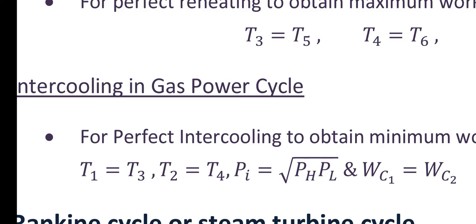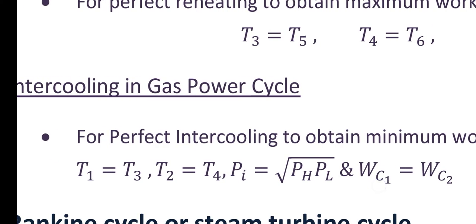Here the total work is reduced, and the temperature at the inlet of the first compressor will be equal to the temperature at the inlet of the second compressor, and the temperature at the outlet of the first compressor will be equal to the temperature at the outlet of the second compressor, that is T1 equals T3, T2 equals T4. The intermediate pressure will be the square root of the higher pressure times the lower pressure, and in this case the work done by compressor 1 will be equal to the work done by compressor 2.